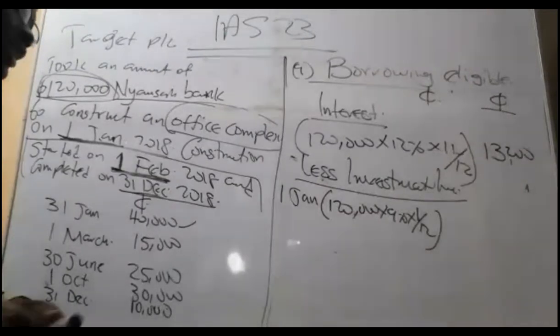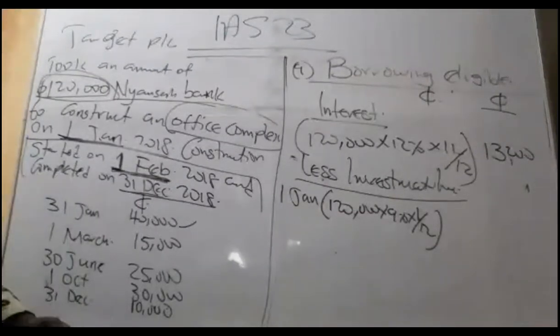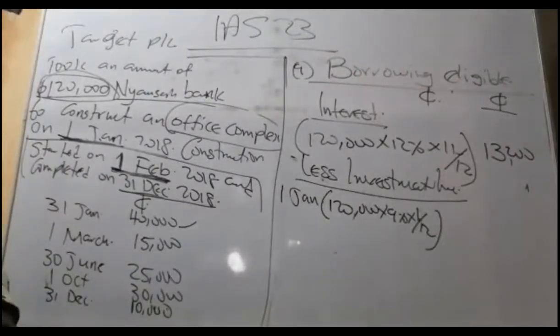So that will be 9 by 12. In fact, that would be 10.8 times 1 out of what?